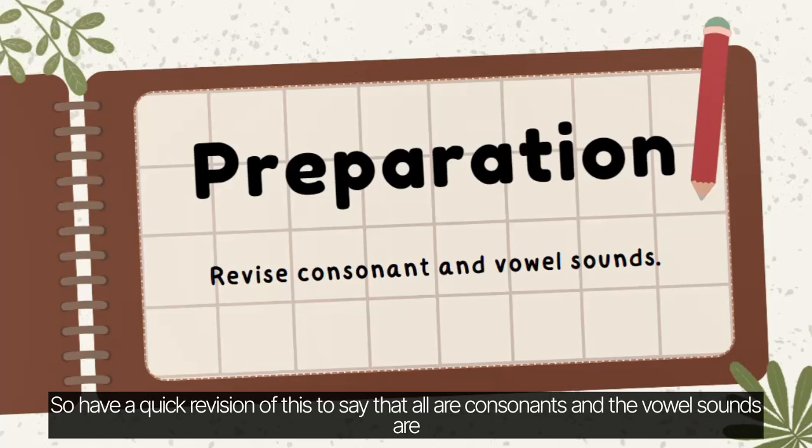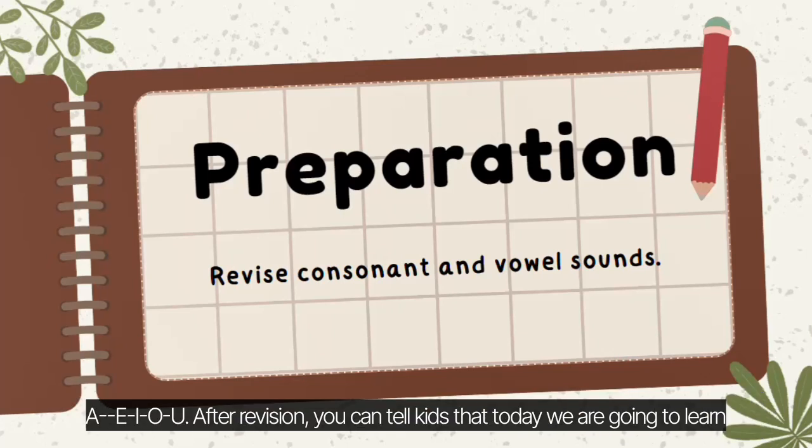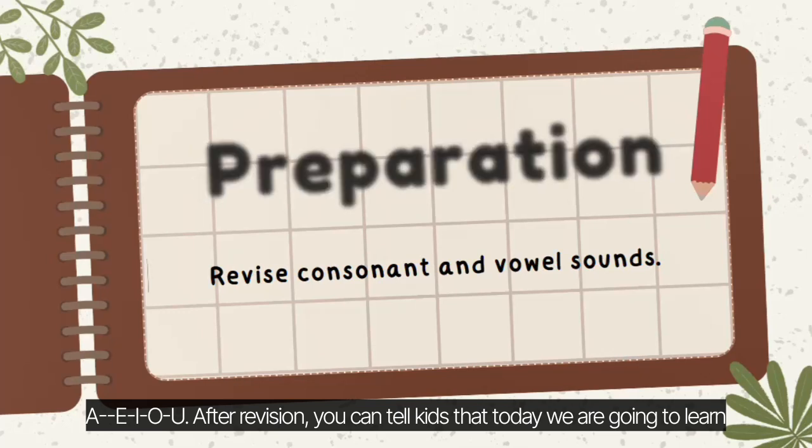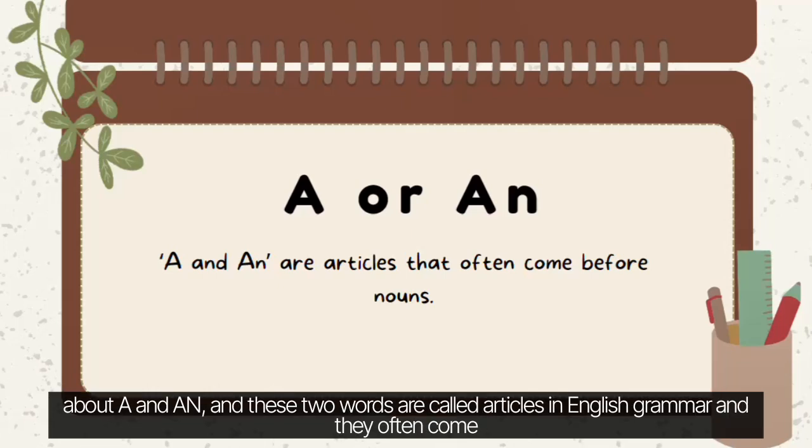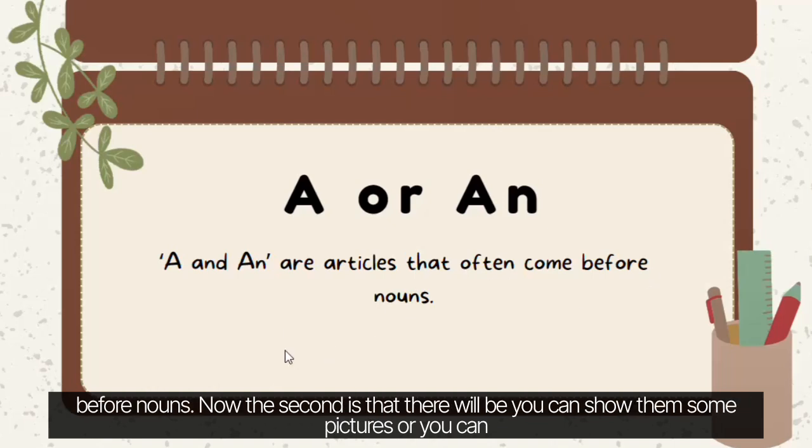Say that k, b, d, g, f, they all are consonants, and the vowel sounds are a, e, i, o, u. After revision, you can tell kids that today we are going to learn about a and an, and these two words are called articles in English grammar and they often come before nouns.